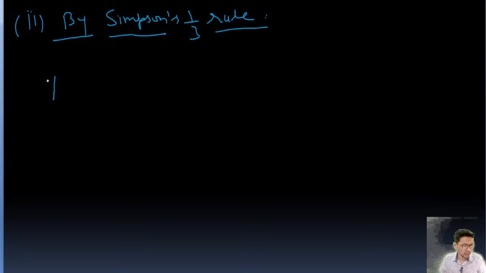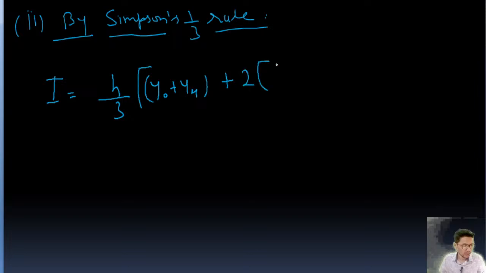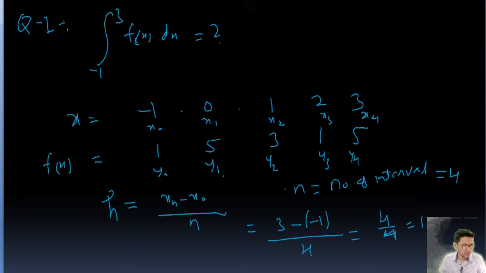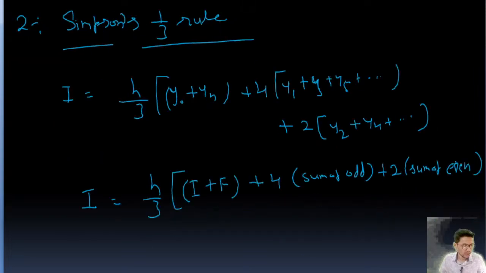This I is going to be h by 3, y naught plus y4, right? First term and last term, plus 2 into sum of even, and 4 into sum of odd.